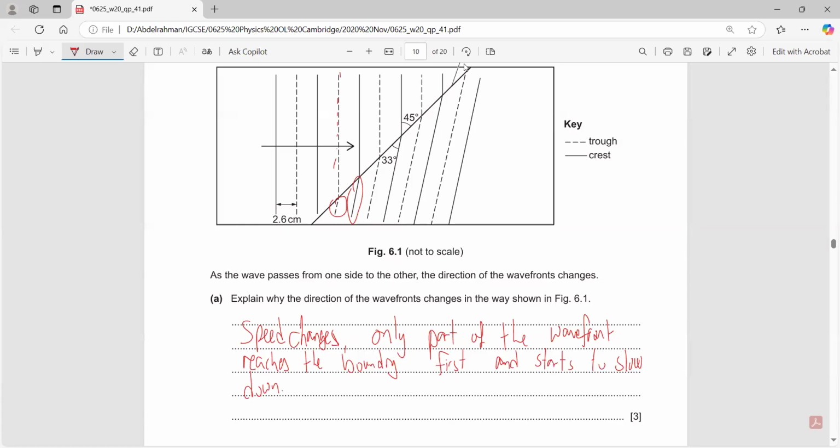When the remaining part of the wave reaches the boundary, then it will start to slow down as well. That's why it starts to change its direction.